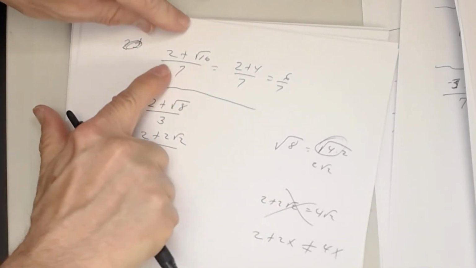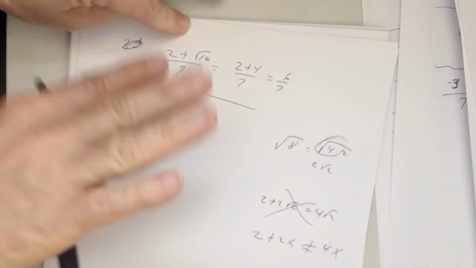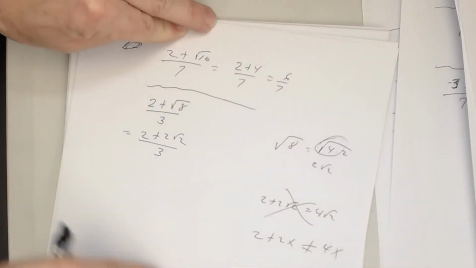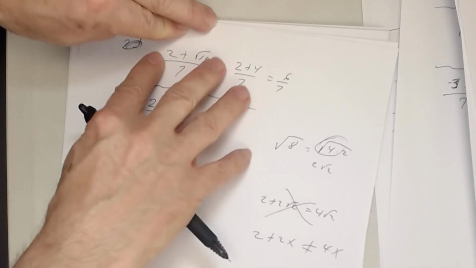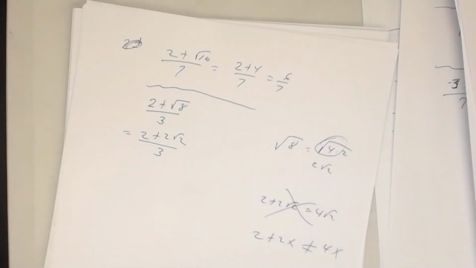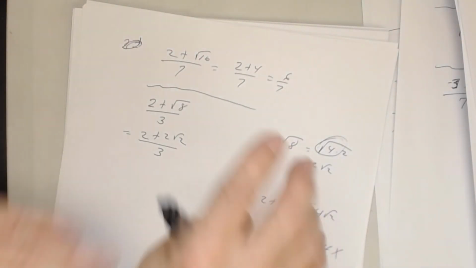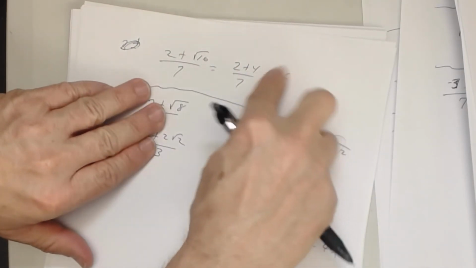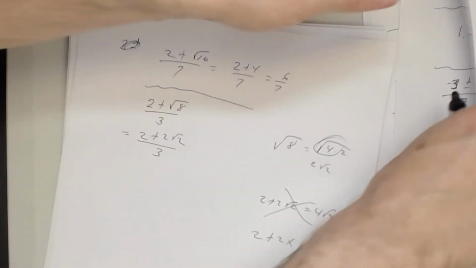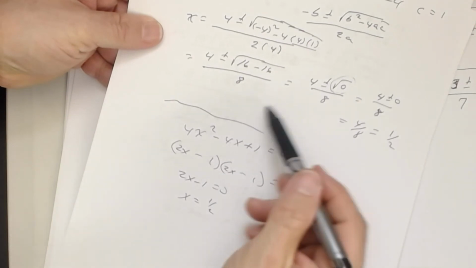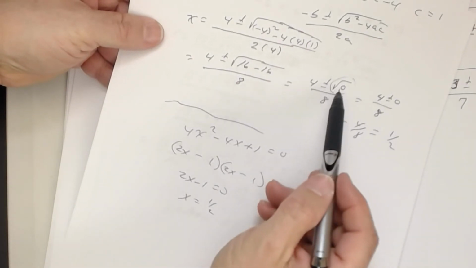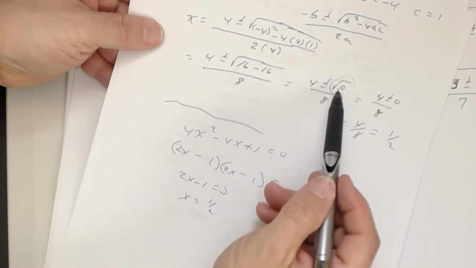So when we start talking about this type of problem, in the previous part, part A, I'm able to write these as fractions. If you go back to all of them, I'm able to write these as fractions because my radicand was a perfect square.